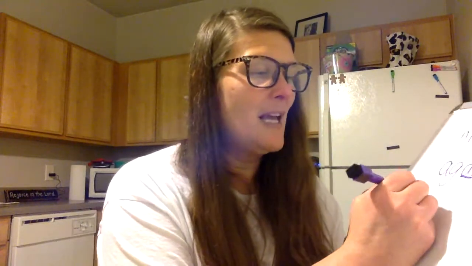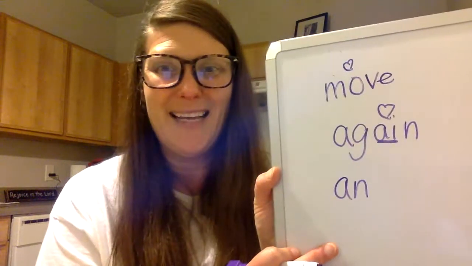My favorite animal, besides Cooper, is the giraffe. Okay, so let's see. Animal. When I think about the first part of animal, when I hear an, I think of an, and that is how it's spelled in animal. An. Right.